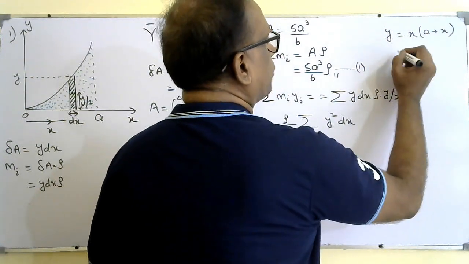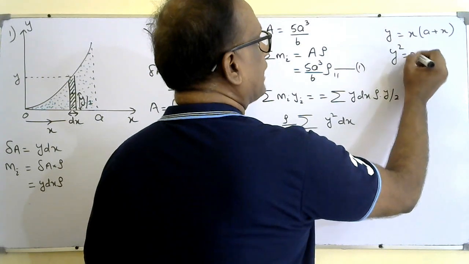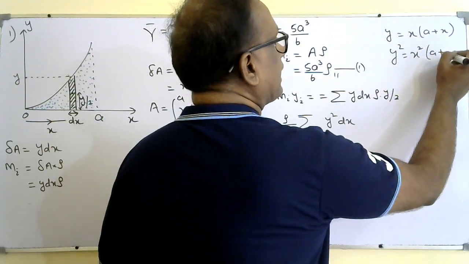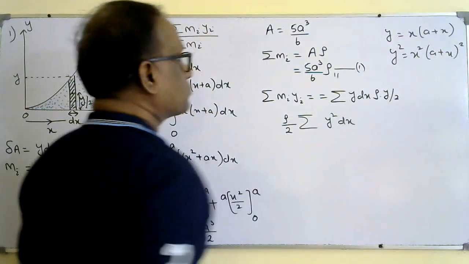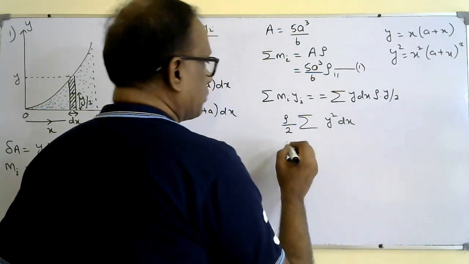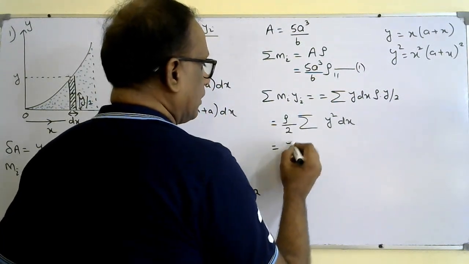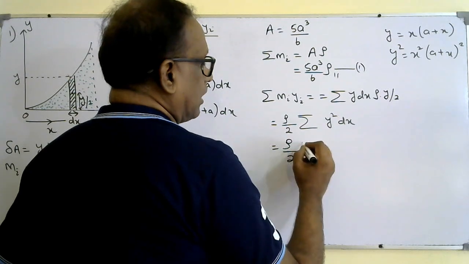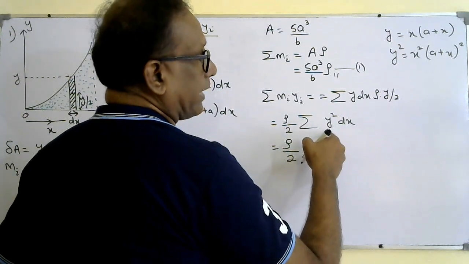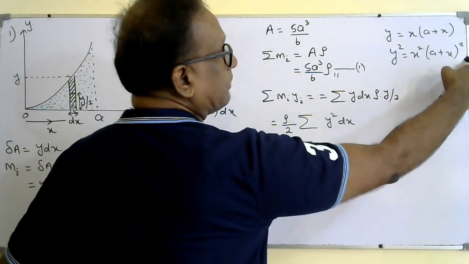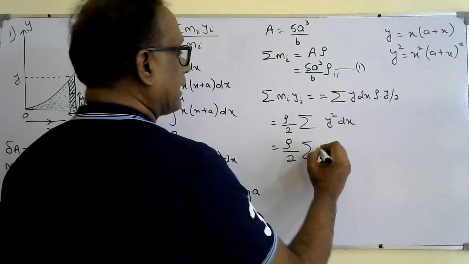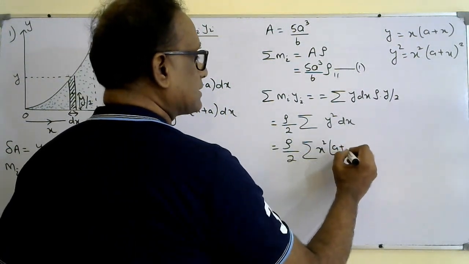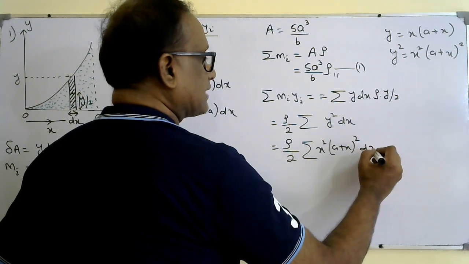So y squared is x squared into a plus x all squared. So we have to expand this one. So rho by 2 sigma x squared into a plus x all squared dx.